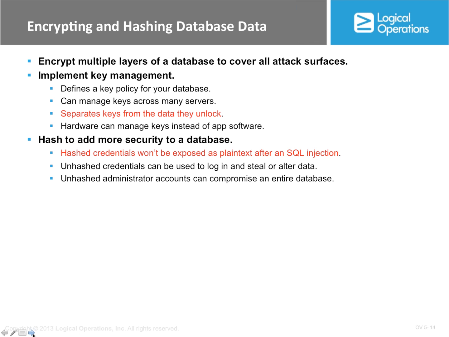It gets kind of confusing when you start dealing with the layers, but really, once again, for testing purposes, the way to kind of keep them pulled apart is the implementation of key management, right? Keeping separate keys away from the data. So I have to go over here to get this key, and then I have to carry it over to the database to unlock the next layer, and each credential is hashed rather than kept in a plain text file on the back end of a SQL database somewhere.